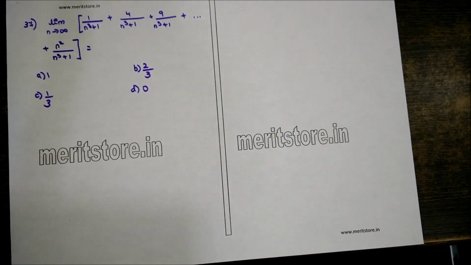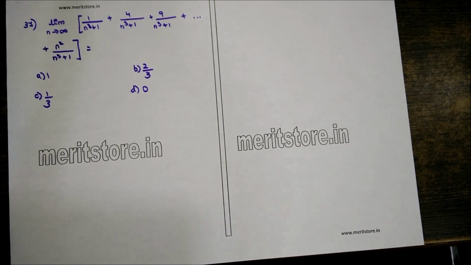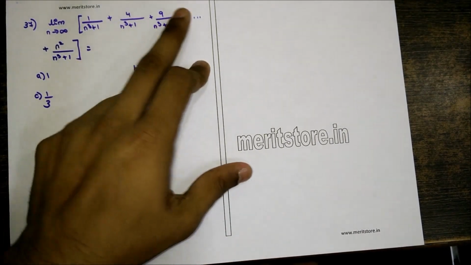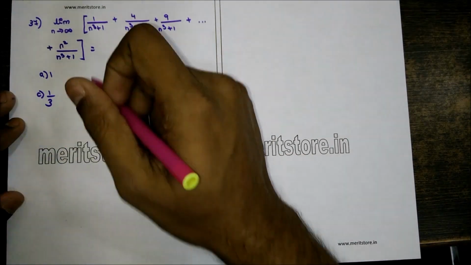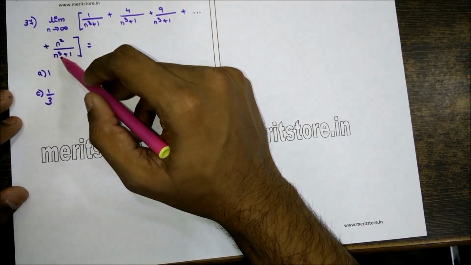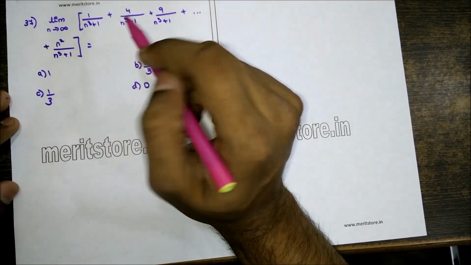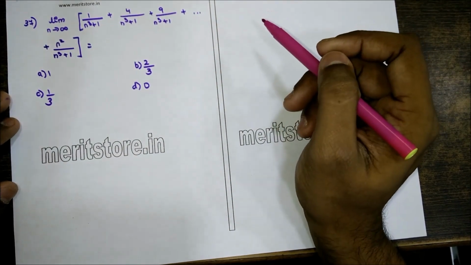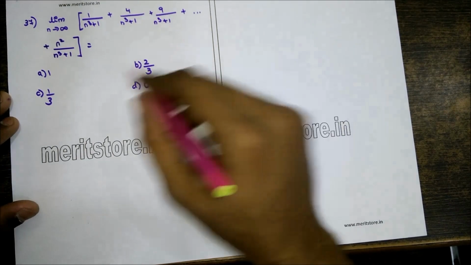Limit of n tends to infinity of 1 upon n cube plus 1 plus 4 upon n cube plus 1 and all the square roots upon n cube plus 1 up to n square upon n cube plus 1 equals: a) 1, b) 2 by 3, c) 1 by 3, or d) 0.